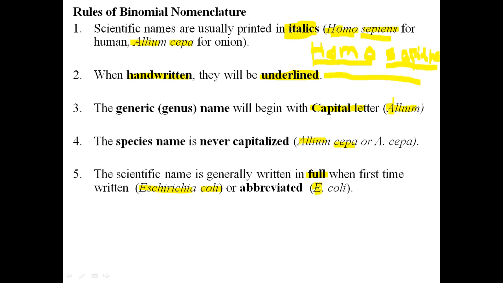So it will be written as E. coli. We cannot write the species in abbreviation. Please remember this point, that the species will be written as it is and only the genus can be abbreviated.